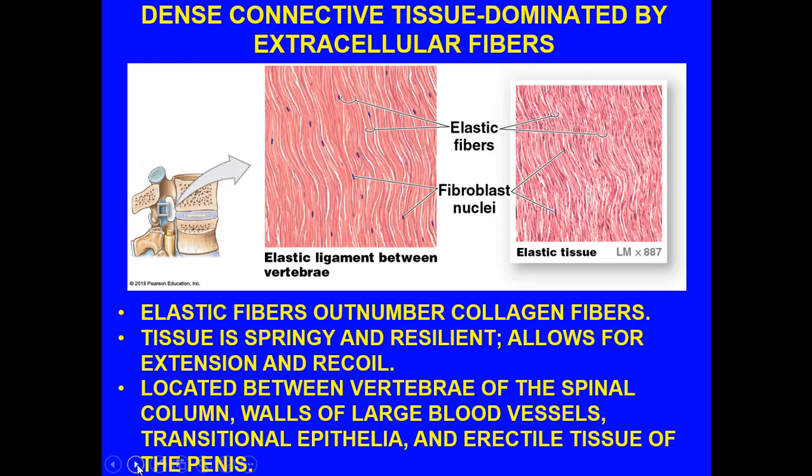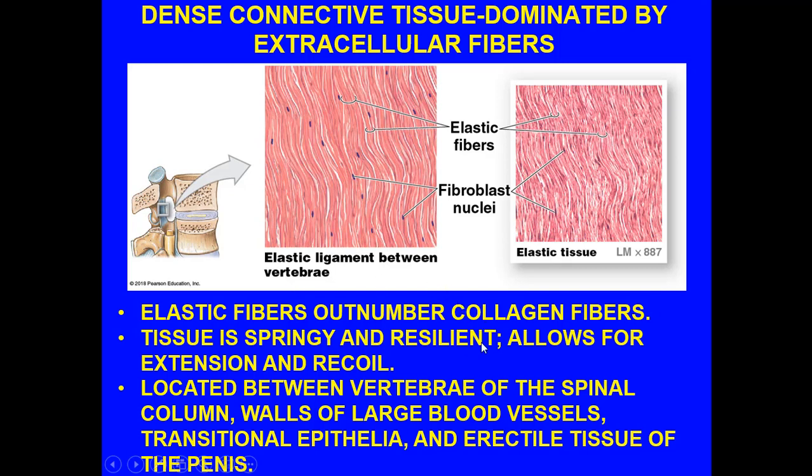Finally, we get into the elastic connective tissue. Now, why is it elastic? Really what it is is that elastic fibers are now outnumbering the collagen fibers. So it has a lot of capability for taking stretch and properly recoiling back. You can see certain elastic fibers here. You, of course, are going to have the fibroblast present. And see where this is located? This is in an area where you're going to have some ligaments.